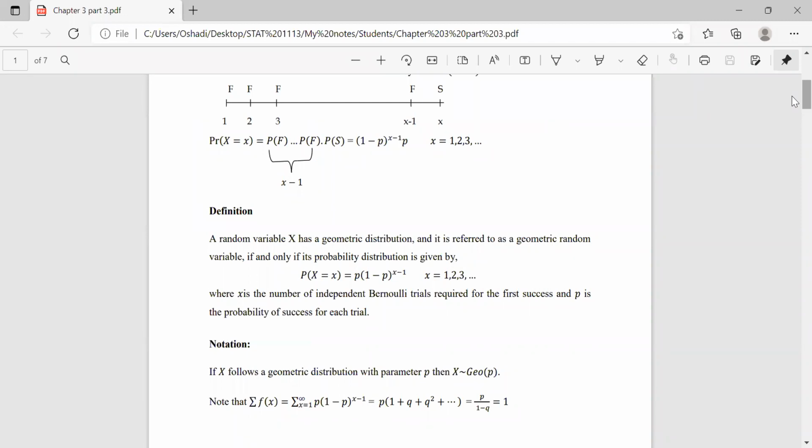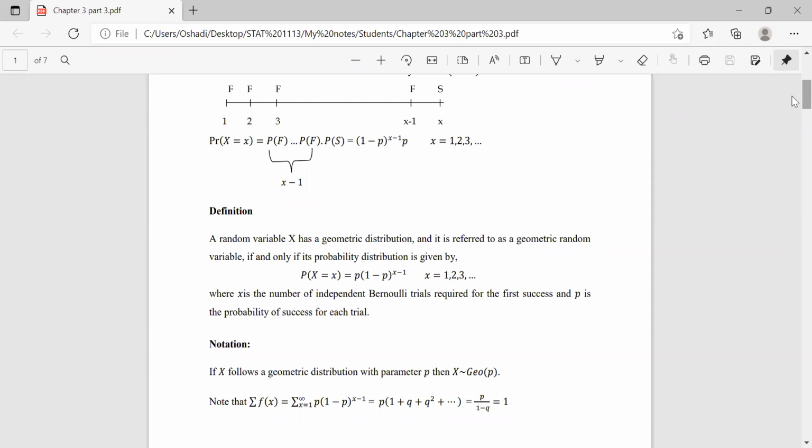So we can build up the equation: the probability that the number of trials equals X, which means the first success occurs in the Xth trial, is equal to the probability of success p into (1 minus p) to the power X minus 1, because 1 minus p is the probability of failure. So failure happens X minus 1 times. Therefore, the probability distribution is simply defined as p into (1 minus p) to the power X minus 1, for X equals 1, 2, 3, and so on.